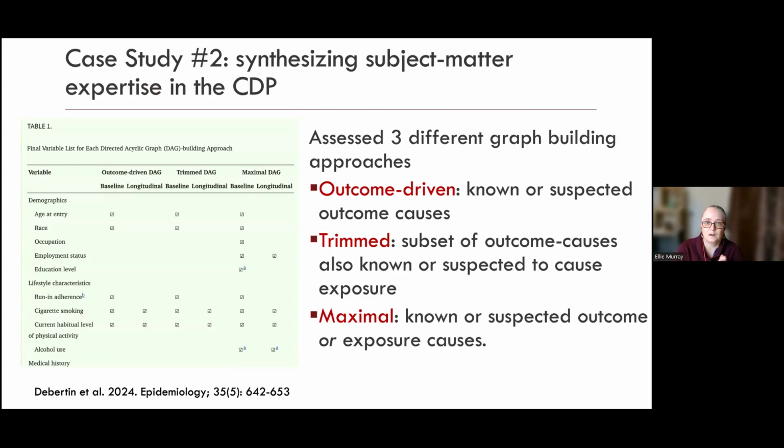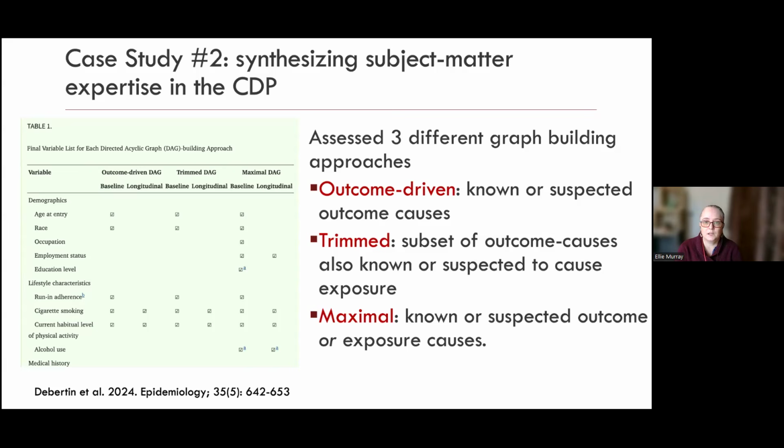This is somewhere where we very much do not think adhering to placebo would be an actual cause of mortality. So any relationship is expected to be due to bias in the study and the analysis rather than a real relationship. And so it makes it a nice case study for assessing different graph building approaches.